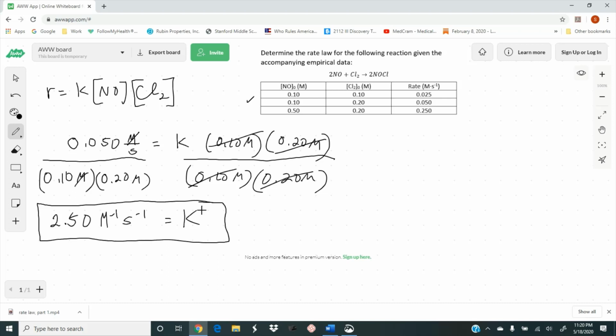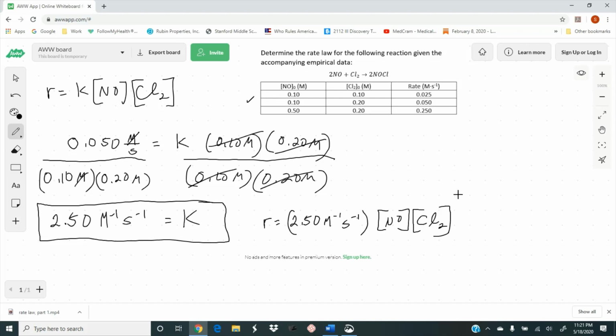Now you can plug that in and use it like we did in the first part. So the whole rate law is R equals your K, 2.50 molar to the negative first times second to the negative first, that's your K, times the concentration of NO times the concentration of Cl2.